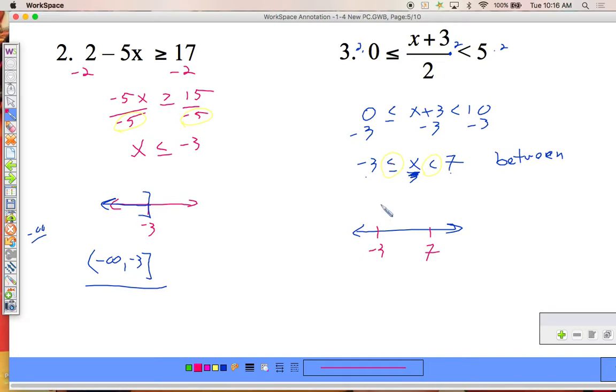I'm going to put a bracket on -3, a parentheses on 7, and I'm going to ask for everything in between, because all the numbers, if we talk only integers, -2, -1, 0, 1, 2, 3, all these, and all the decimals in between will make this work. So this interval is going to be from -3 to 7, counting -3, getting close to 7. So don't take that one apart. Solve it as it is.